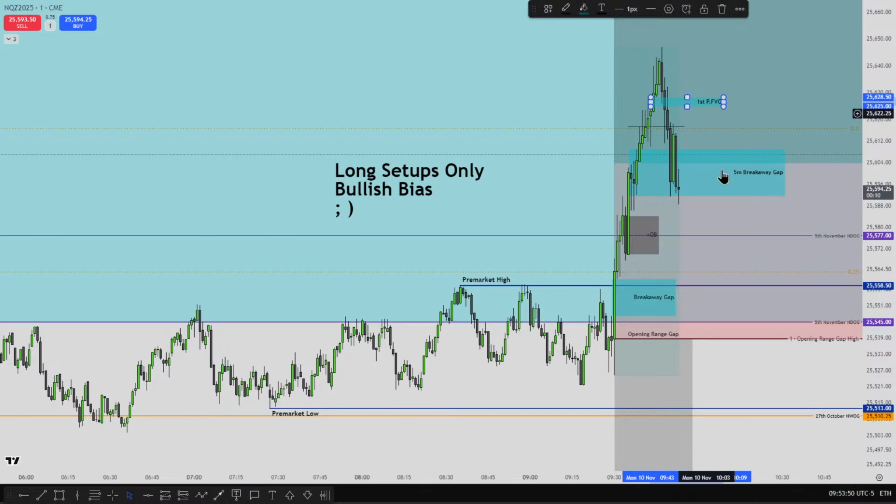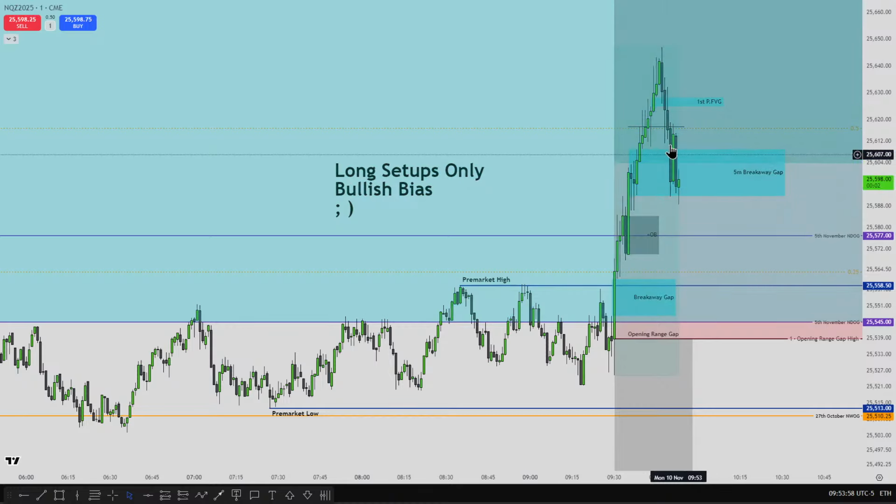This is not my ideal first presented fair value gap, and if there's a better inefficiency that comes along, I will use that one instead. But for now, this is the only inefficiency that's formed after 23 minutes of trading. Generally, that means you're in a low probability environment.